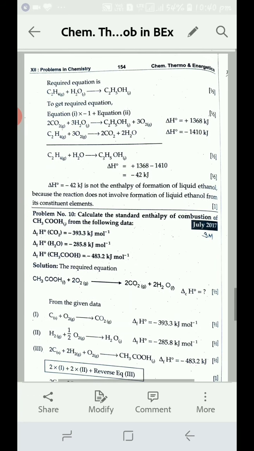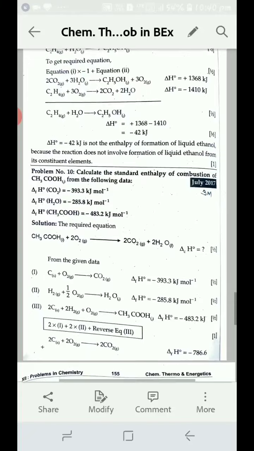Okay. So 2 into 1 plus 2 into 2 plus reverse the equation 3, meaning minus 1 into equation 3. Then you get your required equation.